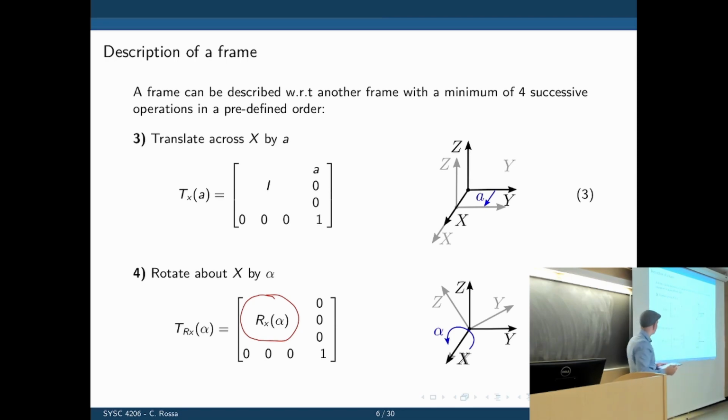Right? That's the rotation about X from the last lecture. And then we see here that there is no translation between them because the shift is simply 0. So simply a rotation around X.